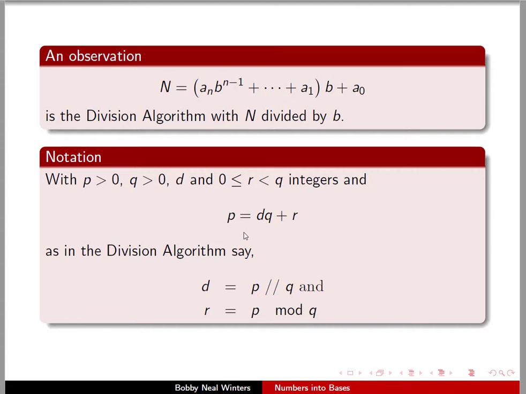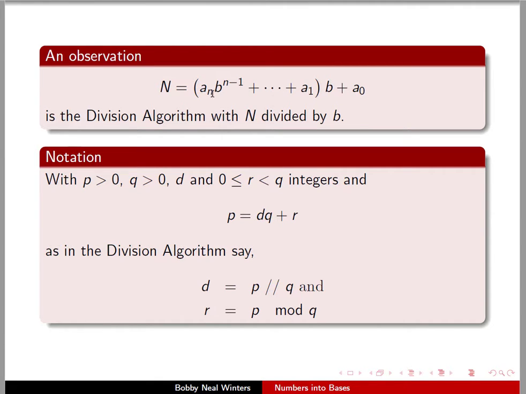Okay, so let's say we have n that can be rendered into base b, and let's look at it like this. So we can have the a0 off to the side.